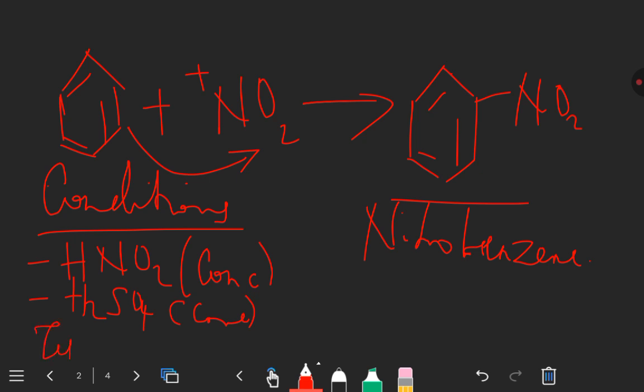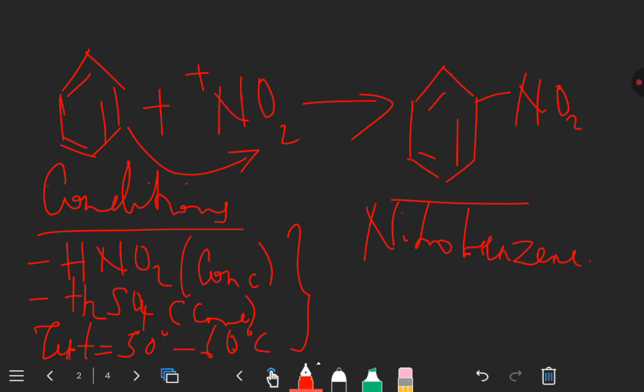And the temperature under which this reaction can be successful should be moderated in the range of 50 to 60 degrees Celsius. If you are able to moderate this temperature, then the nitration reaction is able to take place if you take note of these conditions.